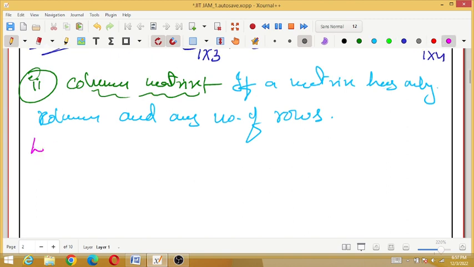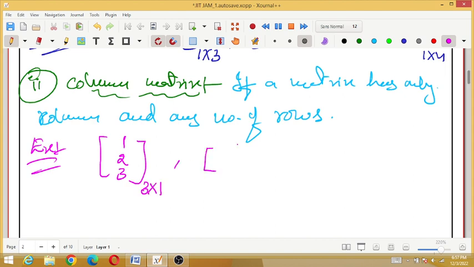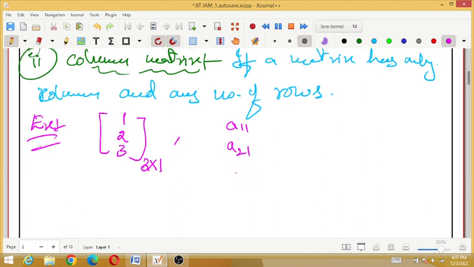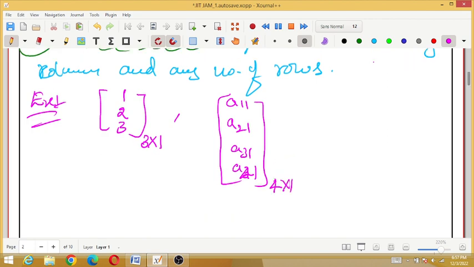For example, see here: 1 2 3. Here how many rows are there? 3 rows and 1 column, so 3 by 1. Next, see here, only one column: A11, A21, A31, A41. Here how many rows? 4 rows, so 4 by 1. So like this, examples.